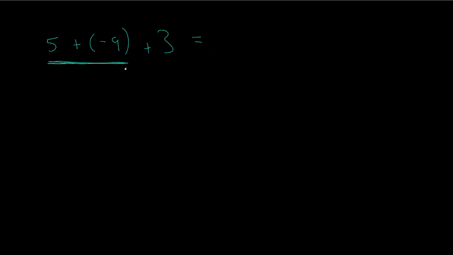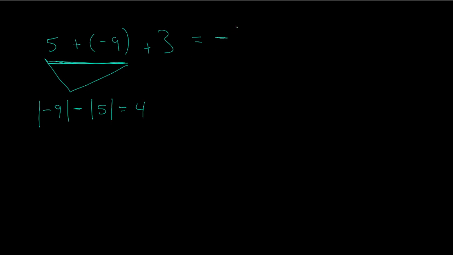And so if I figure out what's happening with the first two here, negative 9 is my larger number. 5 is my smaller number in absolute value. So I would get 4, but my sign is negative.